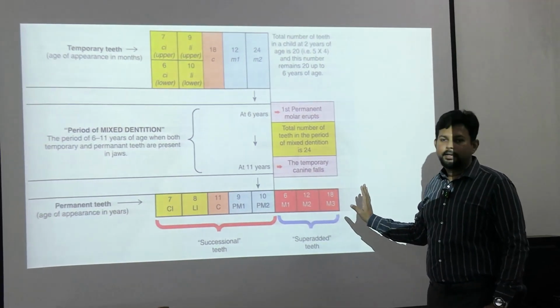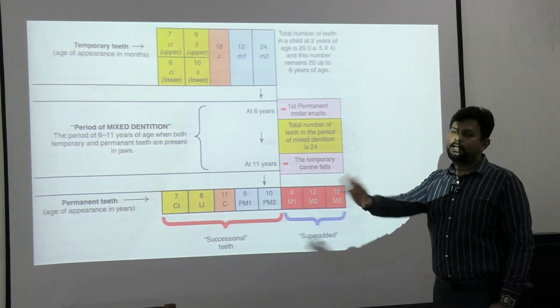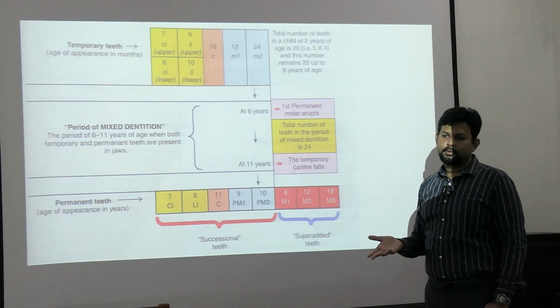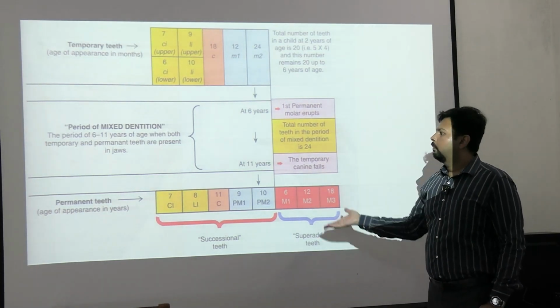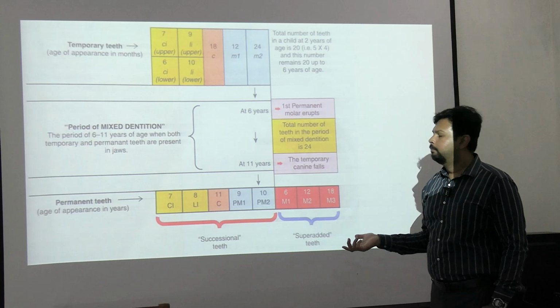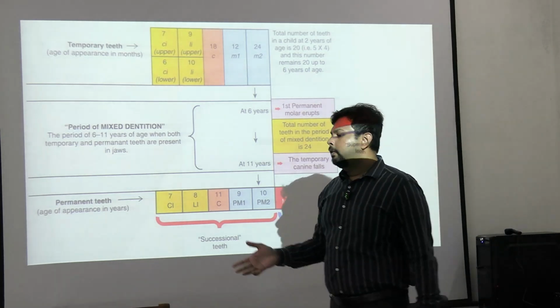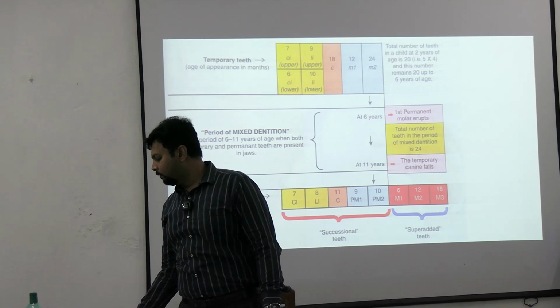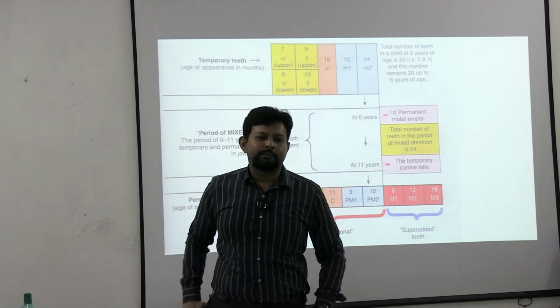Clear? If you know this chart, you can easily determine the age. Nothing is left out, right? This is what we need. The rest, whatever I teach you, is for academic purpose, mostly for your exams.